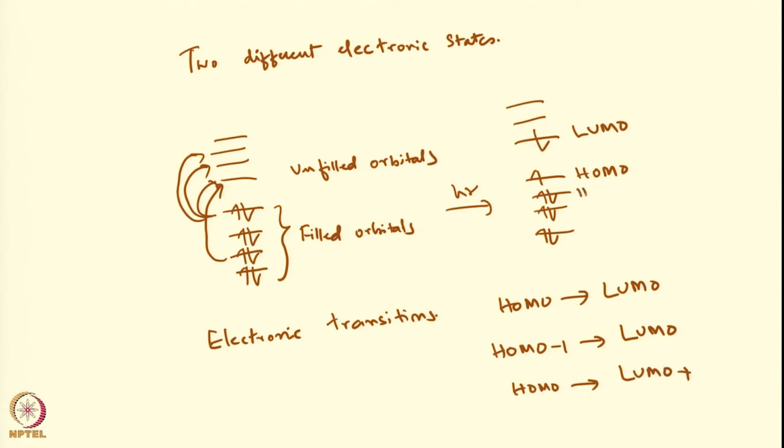So, this is HOMO -1, HOMO -2, HOMO -3, and this is LUMO +1, LUMO +2, something like that. One can have many combinations, and you will see that HOMO to LUMO is the lowest energy possible transition.